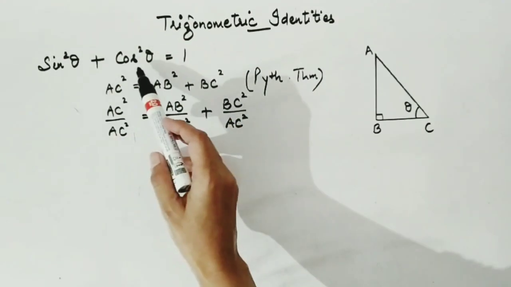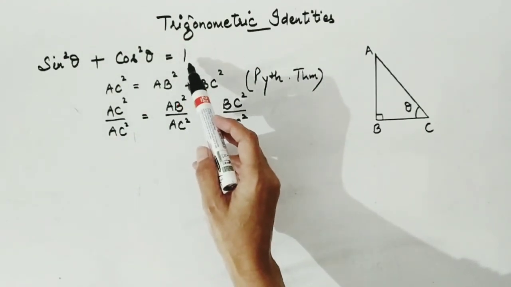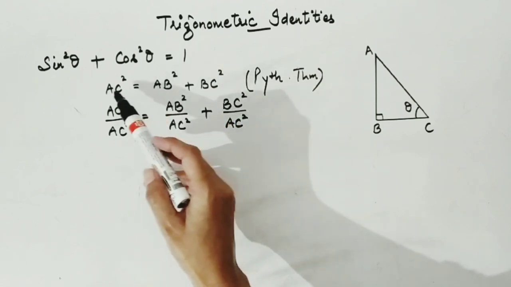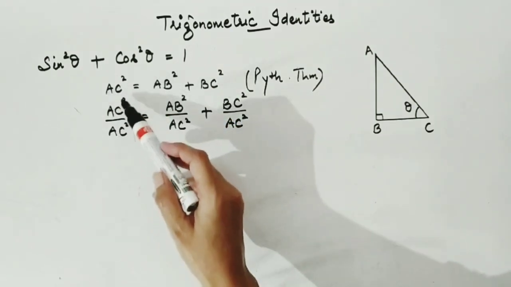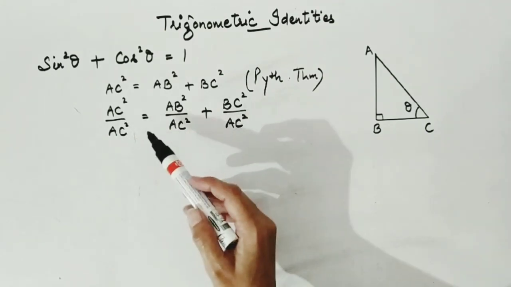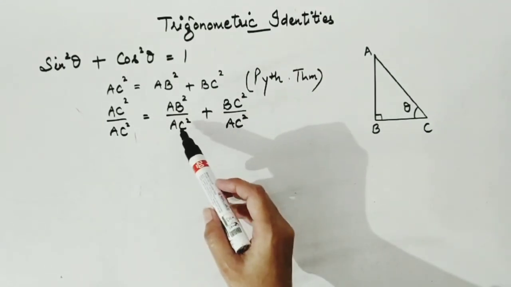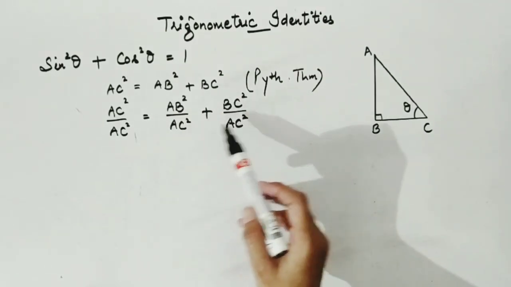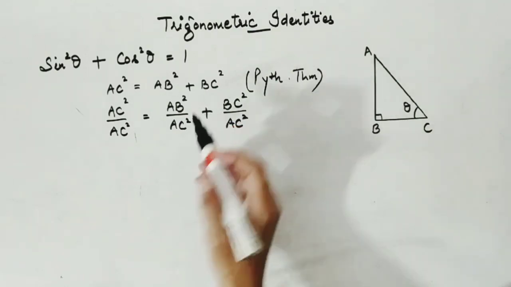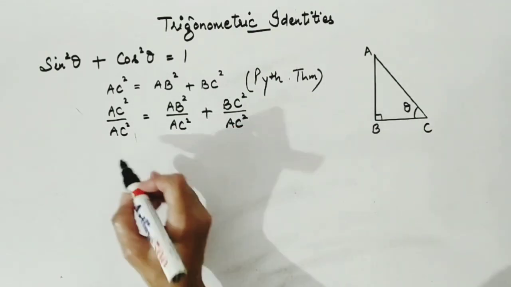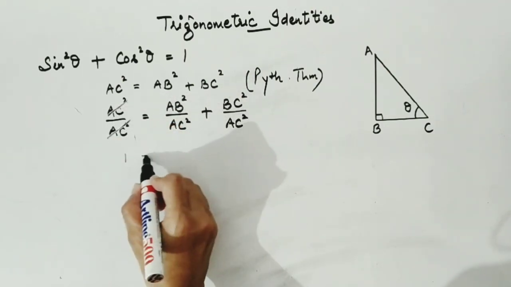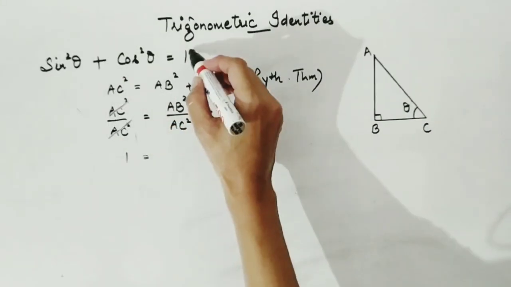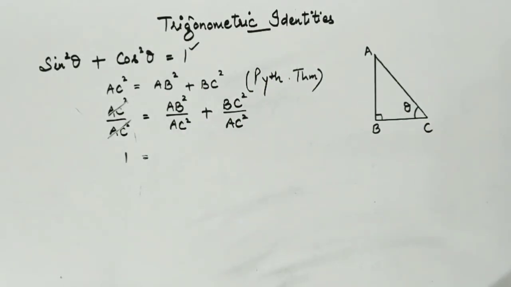It's sine square theta plus cos square theta is 1. If you want to obtain this 1, AC square divided by AC square ultimately would give us 1. But now let us see, do we get trigonometric functions out of these two, which are ratios? Cancelling this becomes 1. So LHS RHS is obtained.